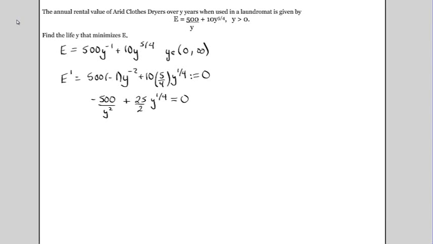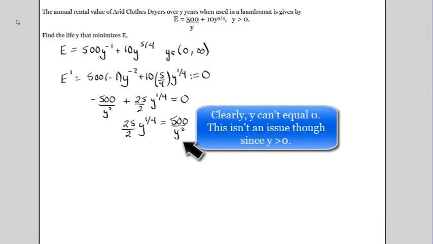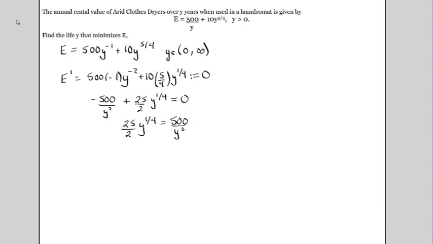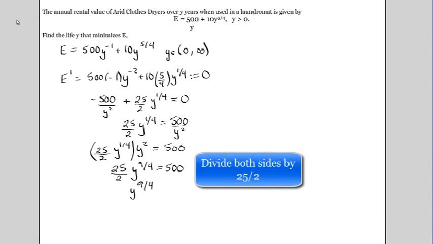I'll move the first term to the other side of the equation. To get y to the 9/4 by itself, I'll divide both sides by 25/2.